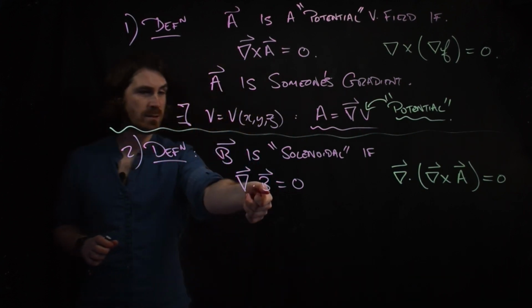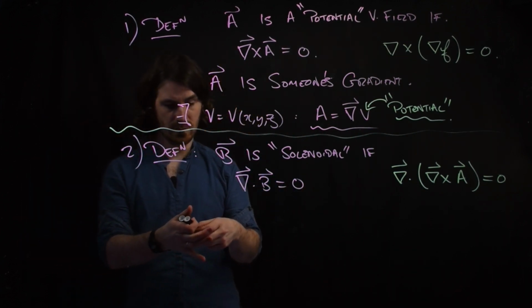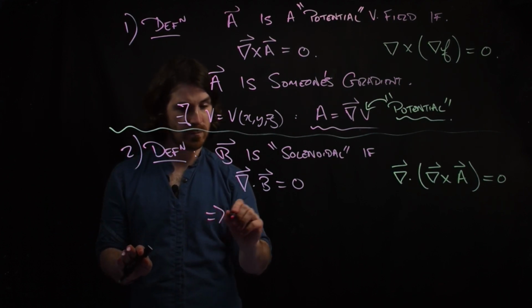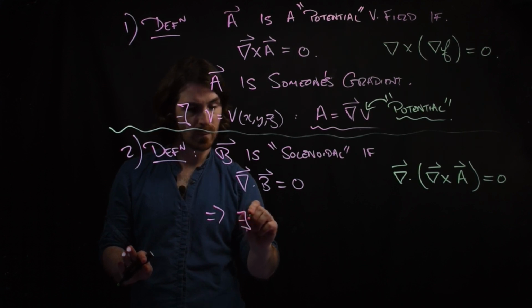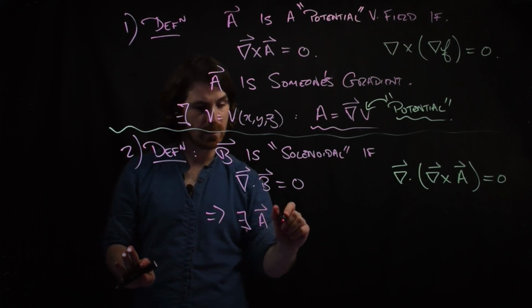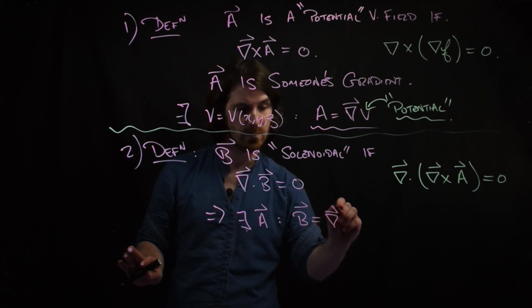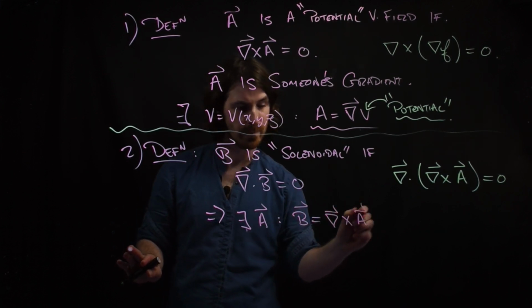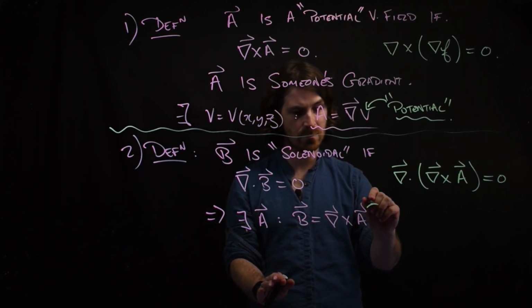So this tells us that B is someone's curl. So there exists an A such that B is equal to the curl of A, and in this case, this is called the vector potential.